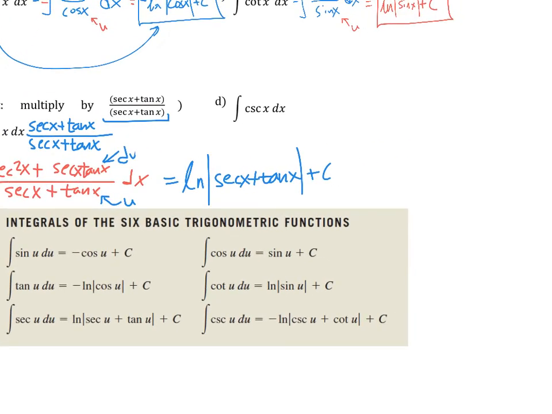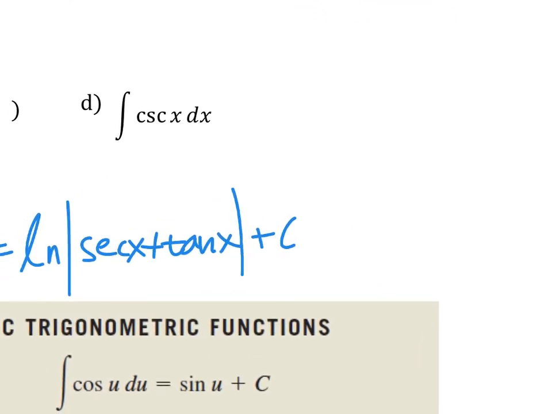And, well, what about this other one here? What about cosecant? Well, remember cosecant is related to cosecant cotangent, right? The co's all went together there when we were talking derivatives. So let's do the same idea. Multiply this by cosecant of x plus cotangent of x, all over cosecant of x plus cotangent.